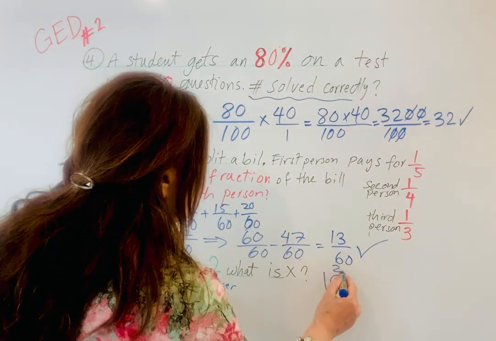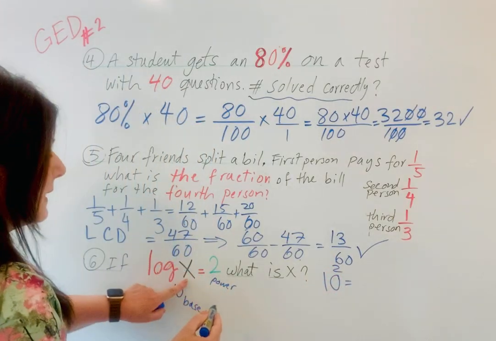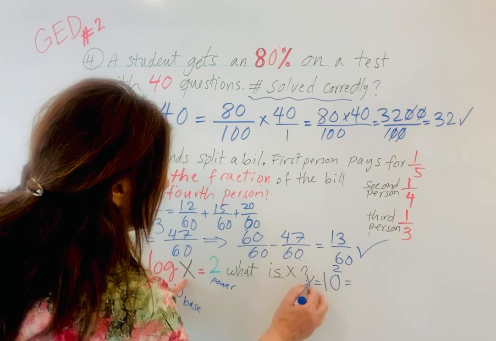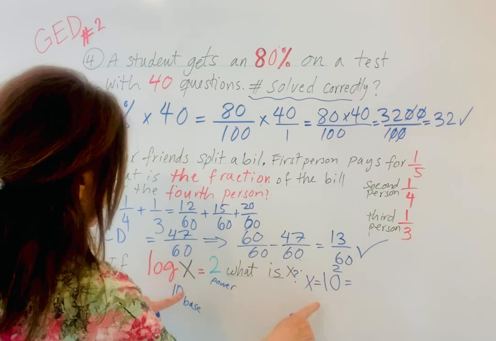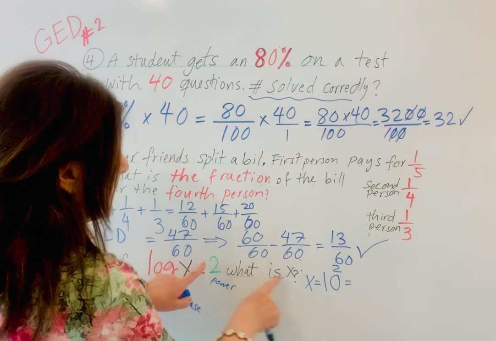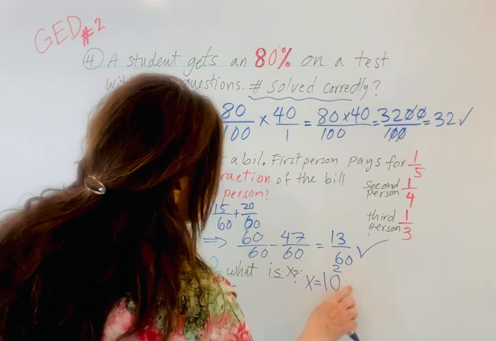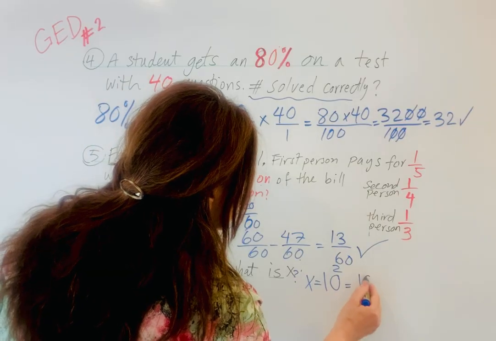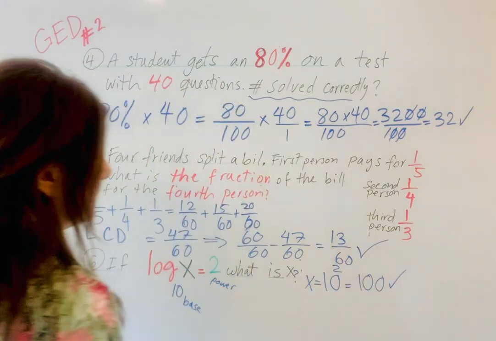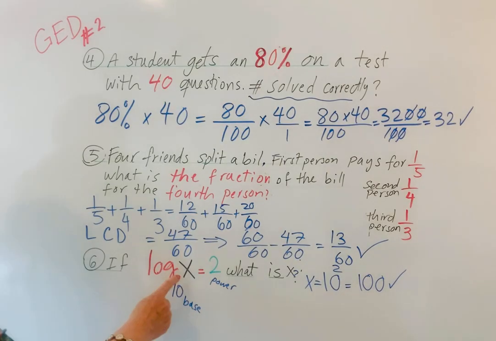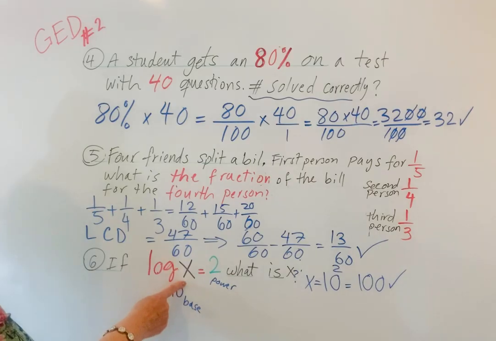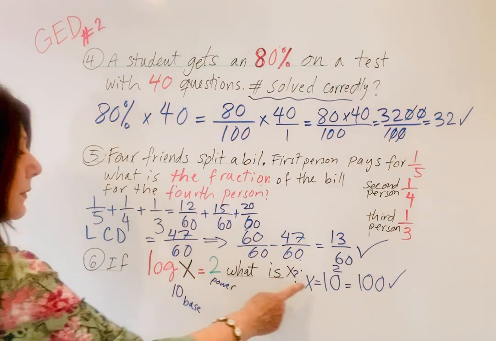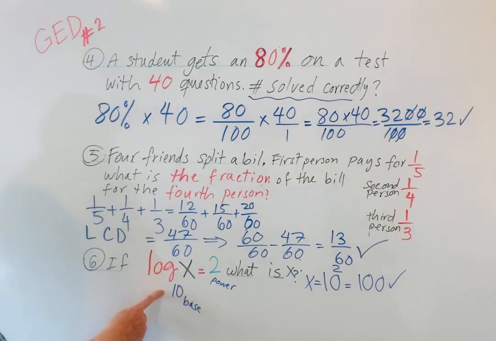The power is 2. x equals the base raised to the power. If you want to know, the answer is 100. If you have 100 here, it means 10 raised to 2 gets this one. We can write this in log form with base 10.